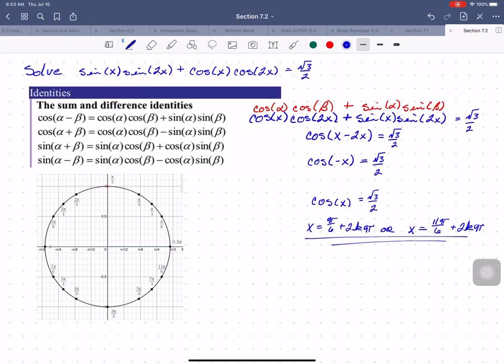Okay, so you can see how those identities helped us to solve that equation.